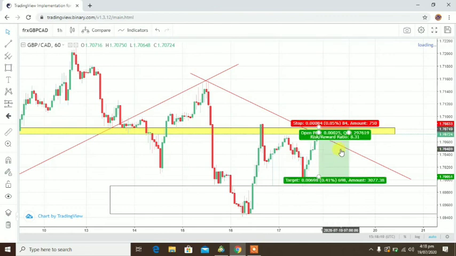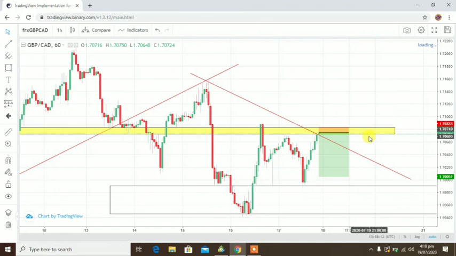So this is what we are looking for. It's a good risk to reward ratio. It's 1:8. Very good setup for us to trade. So this is our view of GBP against the Canadian dollar.